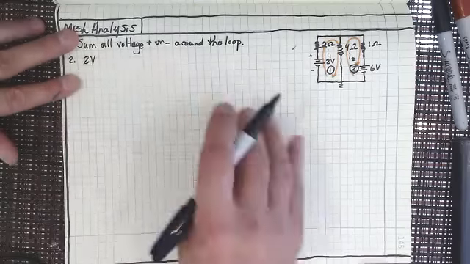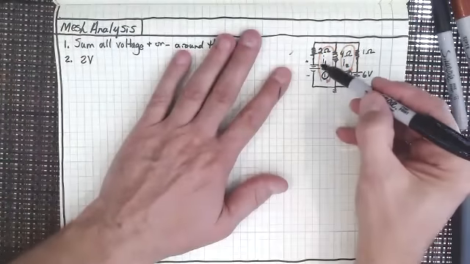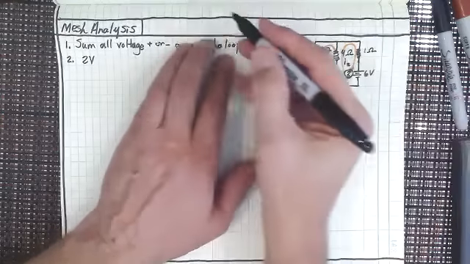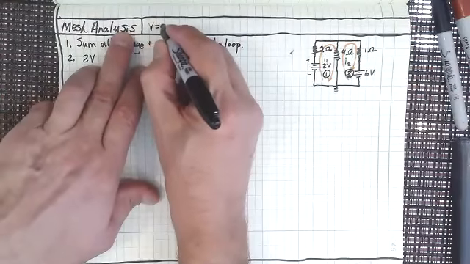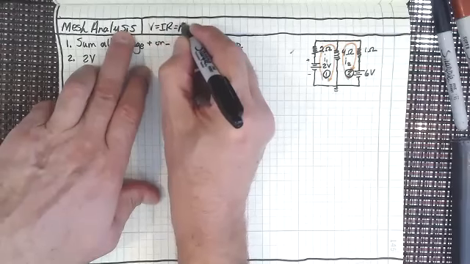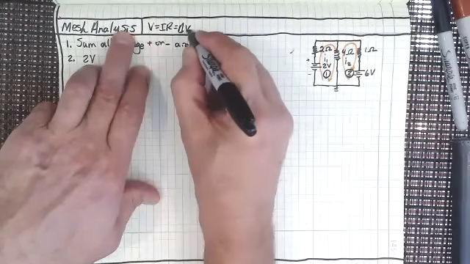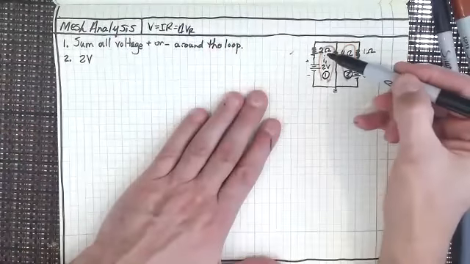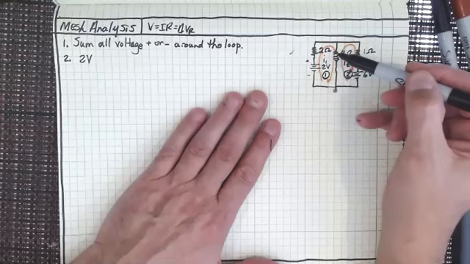So 2 volts, right? And then what have I got here as far as voltage? Doesn't V equal IR equal delta V, that voltage drop across the resistor? So I know that the voltage drop across the resistor is going to be IR, right?